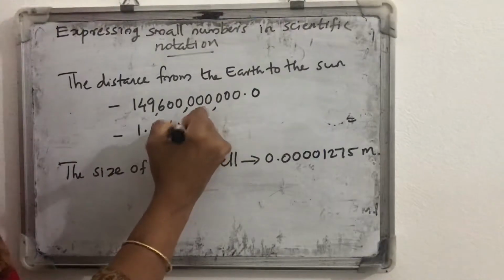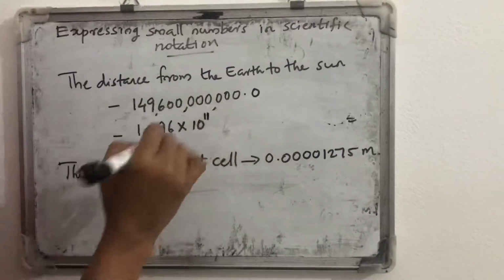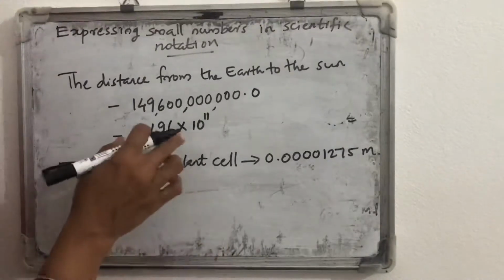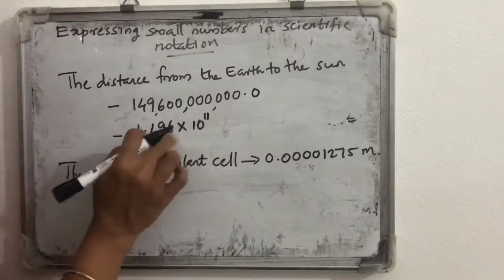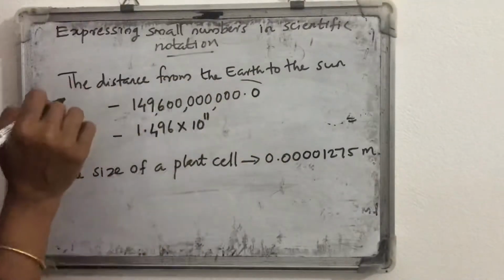So to keep the same value, we write 10 raised to 11: 1.496 into 10 raised to 11. When we multiply this number with 10 raised to 11, we get the original number. There is no change in the value.